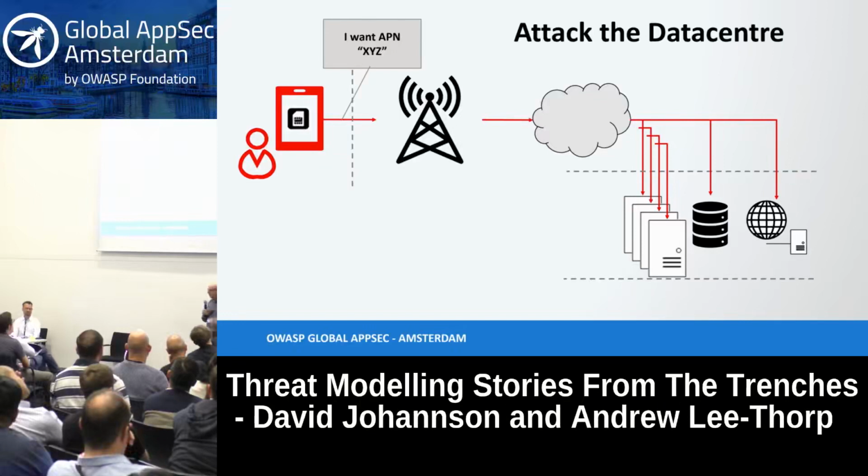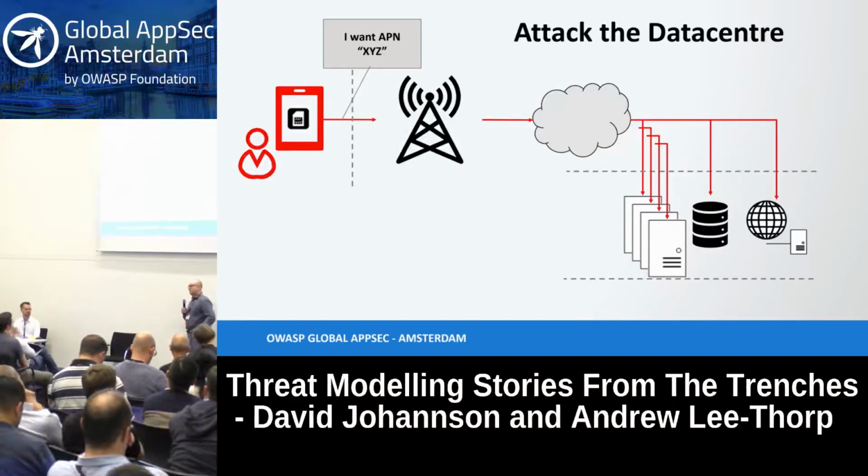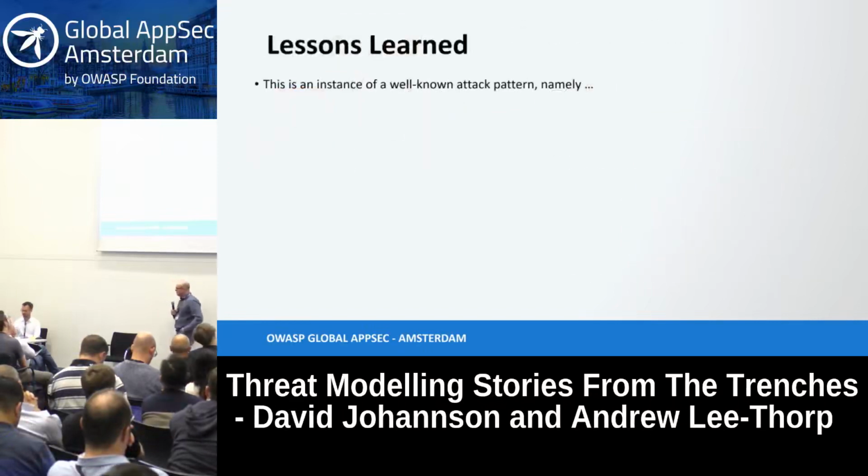So we could use the SIM card to attack the data center, because everything's IP. We can just try and scan the data center, find valid servers, and then try and attack them through this privileged position conferred by the fact that we had a SIM card with a secure tunnel straight into the data center. So what can we learn from this?